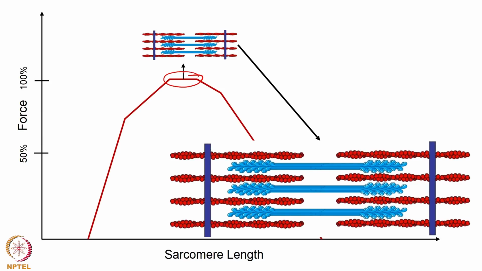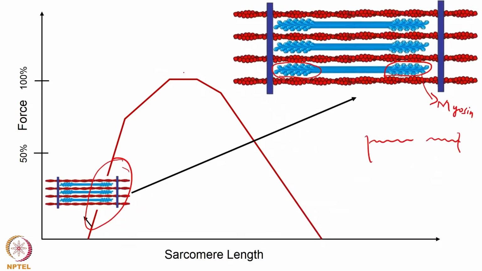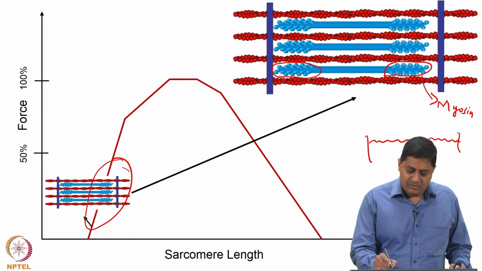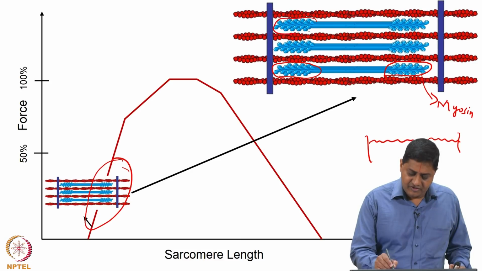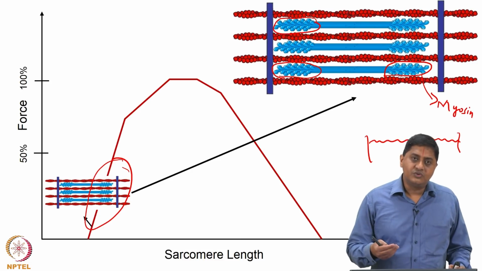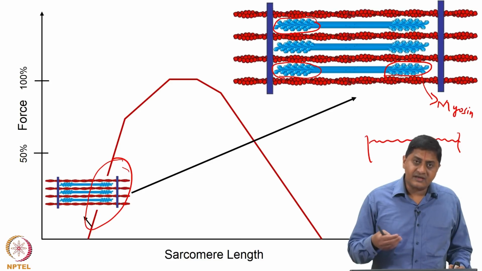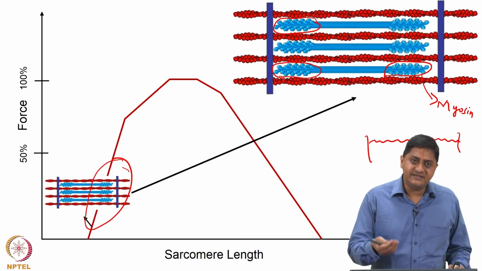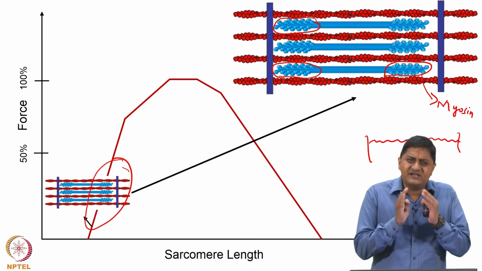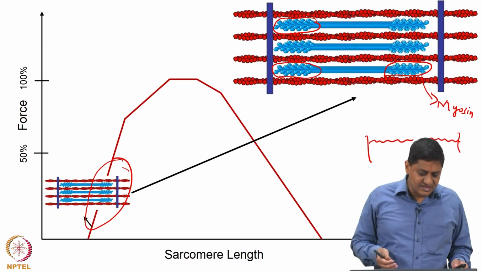So, for us to have maximum force, you have to have an optimum length at which myosin is able to interact with the largest number of actin filaments. But not just that, it is also that at shorter lengths the amount of effort that myosin will have to put in to recock, attach and detach is higher, because there is very little space available. Usually it also takes more time.